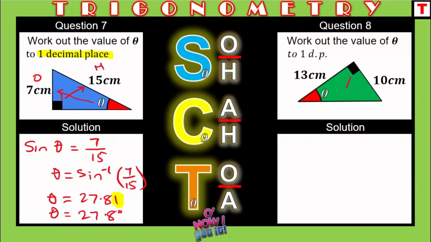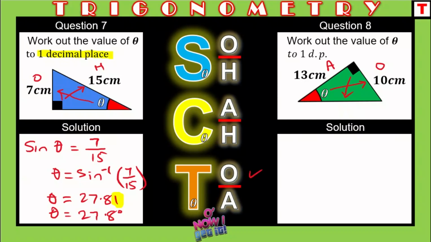So again, we're going to be labeling the sides of our triangle. Across from the 90 degrees, we would have had our hypotenuse there, and across from the other angle would have been our opposite. Therefore, the 13 would be the adjacent side. So we don't need that H at the moment, so I'm just going to take it out so as not to confuse myself. Now I'm going to be looking for O and A in my mnemonic again.